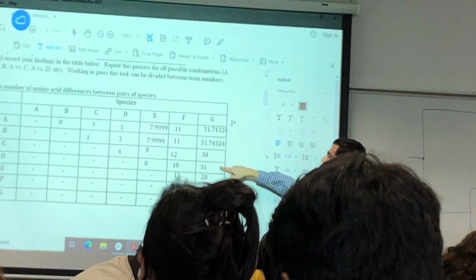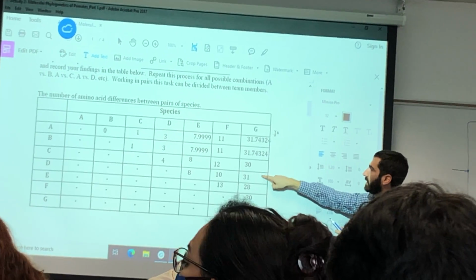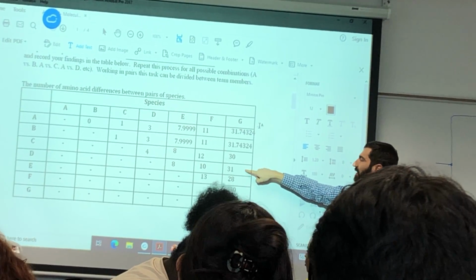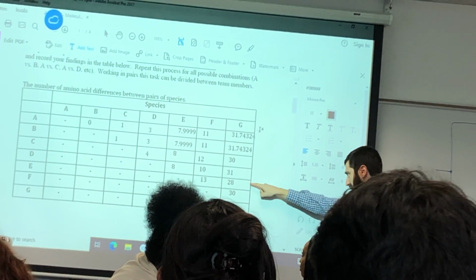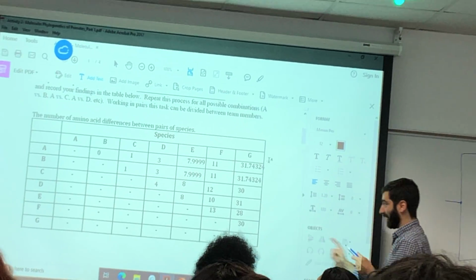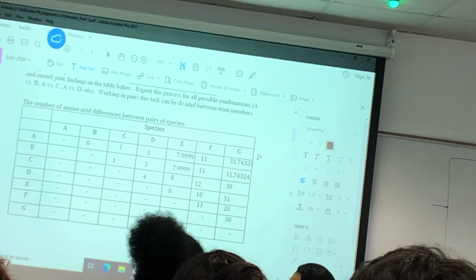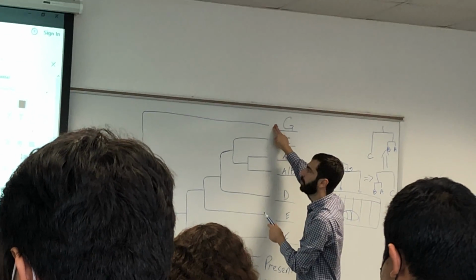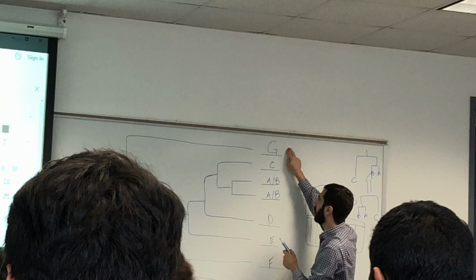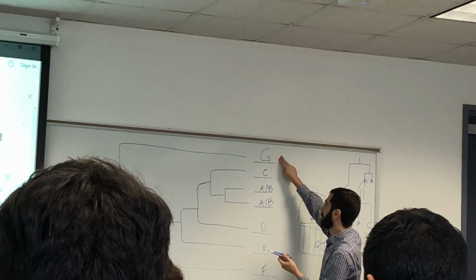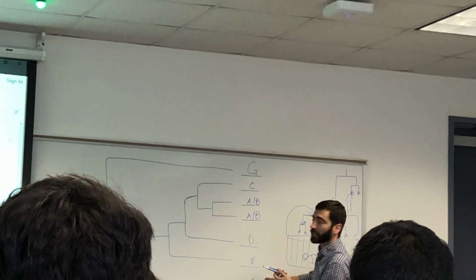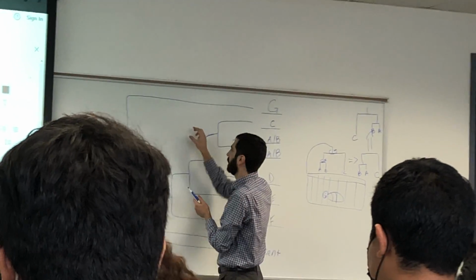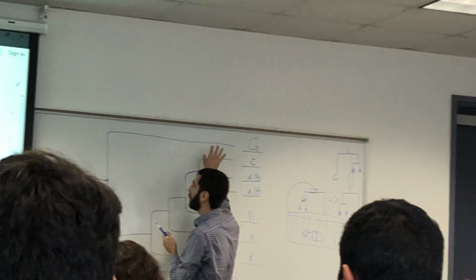So G, there are fewer differences between E and G than there are between D and G. But there's also fewer differences between E and G than there are between F and G. But this doesn't really tell us, we can't necessarily tell which one of these is most closely related to G. The reason for that is because G branched away from everything else.